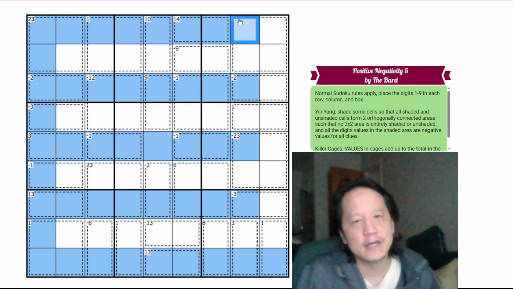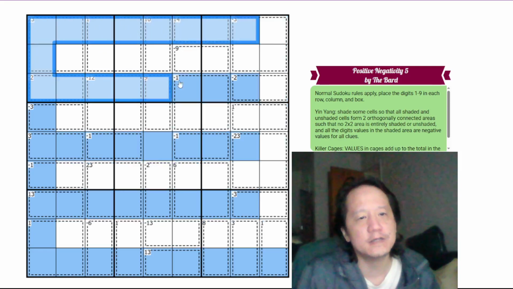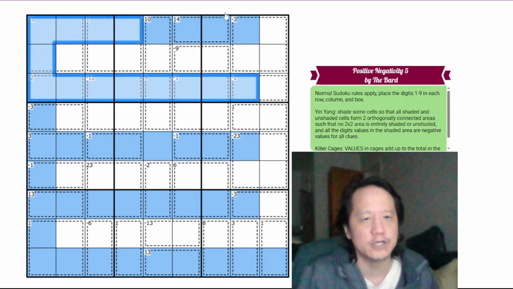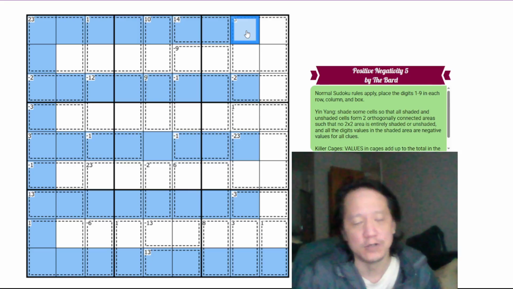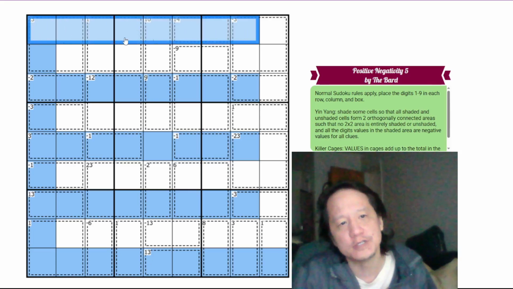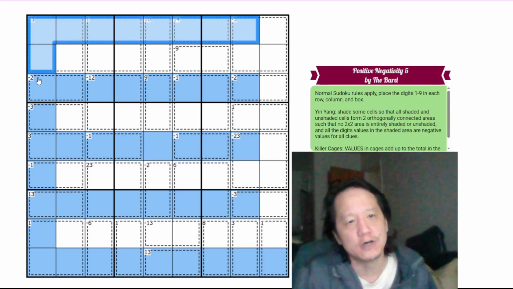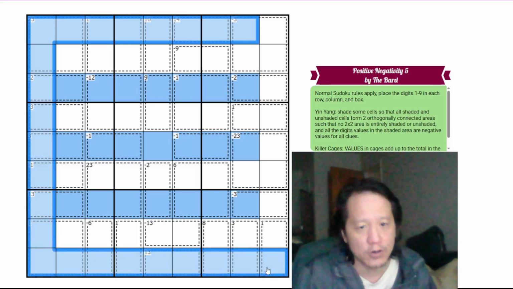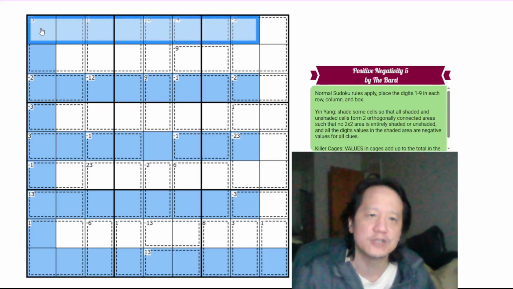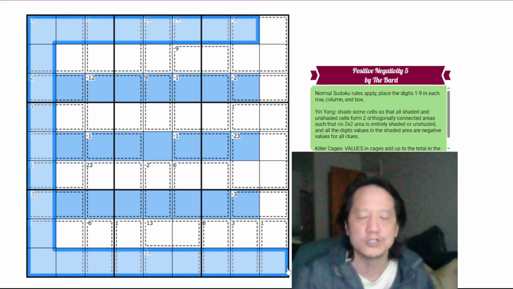If you have a cell in the shaded region, you can get from that cell to any other cell in the shaded region just by going through edges, all while staying within the shaded region. So for example, to get from here to here, you can just go all the way around here, all going through edges, all while staying within the shaded region.